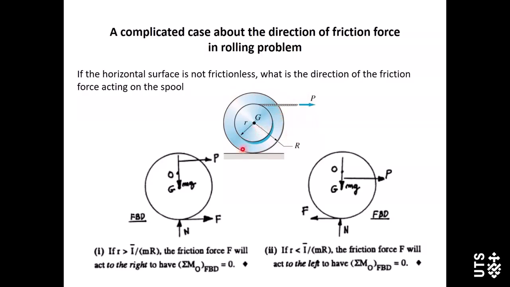And in this one here, you can see sometimes the direction of this friction force at the contact surface is to the right side, and sometimes is to the left side. Why? This is because of the position of the acting point of this force P.